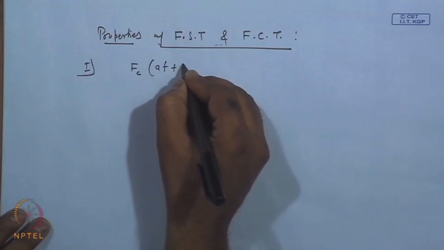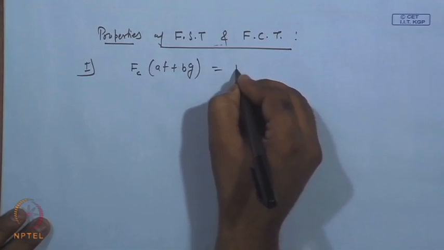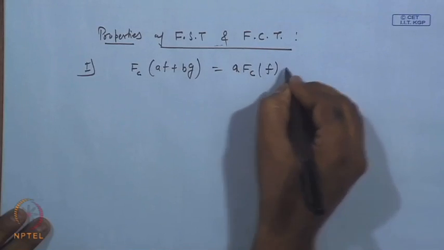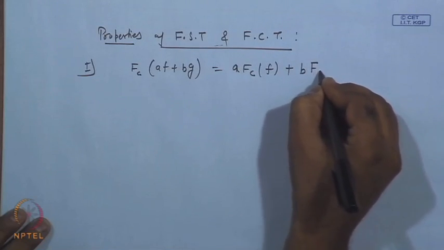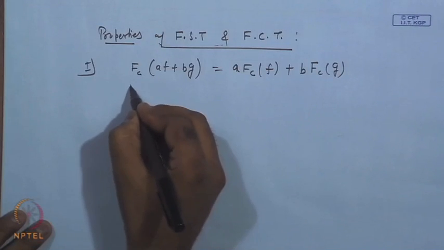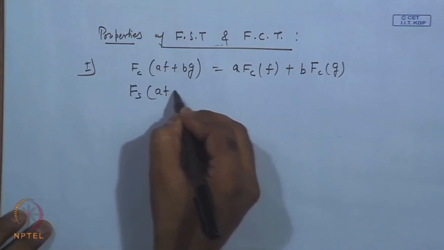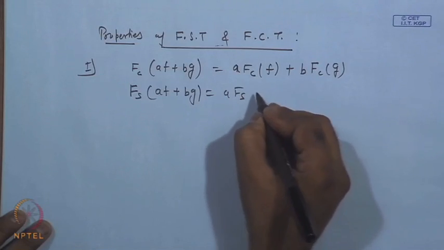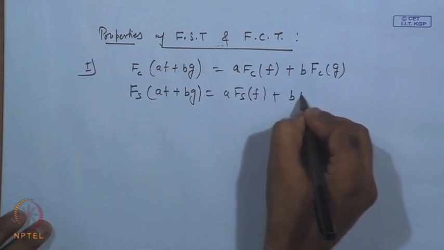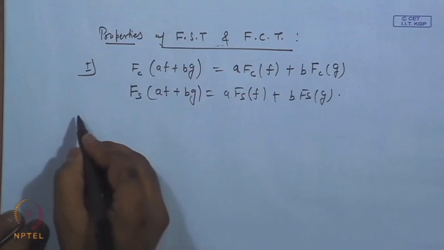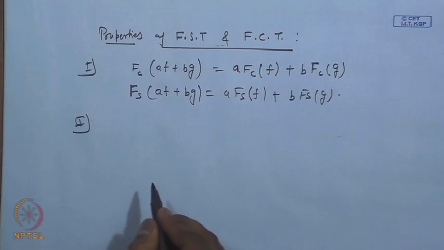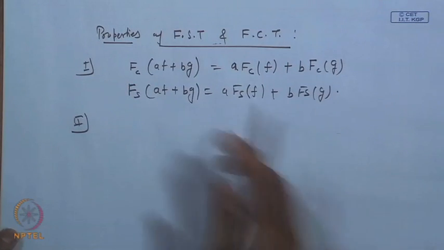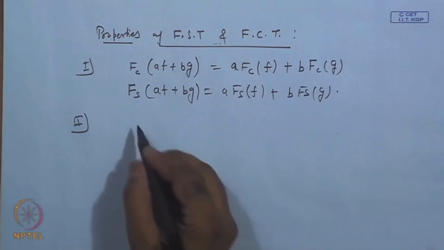We have A f plus B g, and its Fourier cosine transform will be A, the constant, times the Fourier cosine transform of f plus B times the Fourier cosine transform of g. Similarly for the sine, A f plus B g gives A F_s of f plus B F_s of g. The second is an important property, and we will not discuss more properties for the sine and cosine transform, but this will be useful.